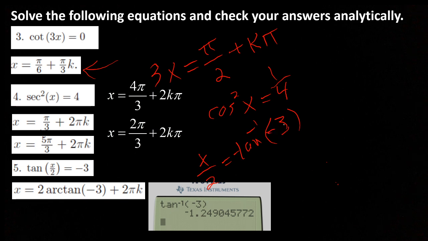So that's an angle. We don't find it, we just leave it like that, plus k pi. Now multiply by 2, then you get that. That's the answer. Remember, arctangent is the same as tangent inverse.